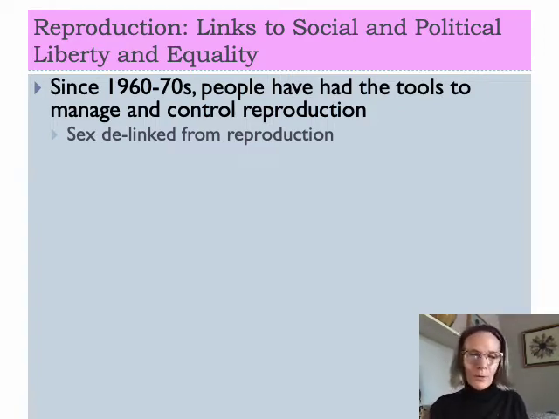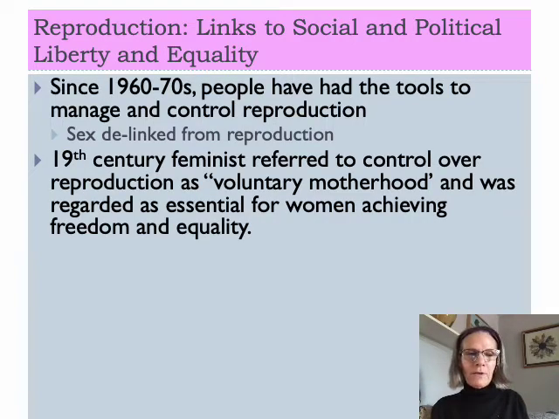Given the multiple birth control methods, like the pill, most of which can be very reliable, and also access to abortion as a constitutional right, people could have sex for reasons other than reproducing. You could have sex for pleasure because you could control your reproduction, and you didn't have to worry necessarily about getting pregnant as a result of sexual activity.